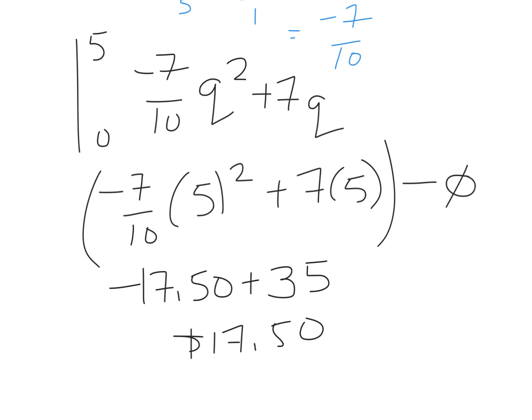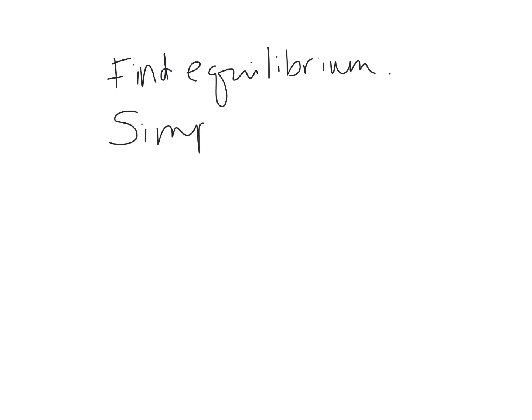So if I wanted to summarize, we find equilibrium, then we simplify the consumer surplus and producer surplus.